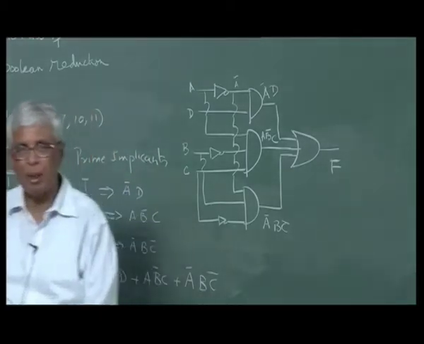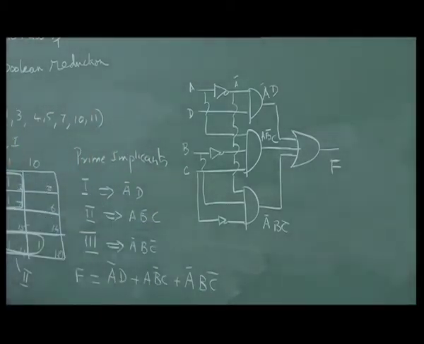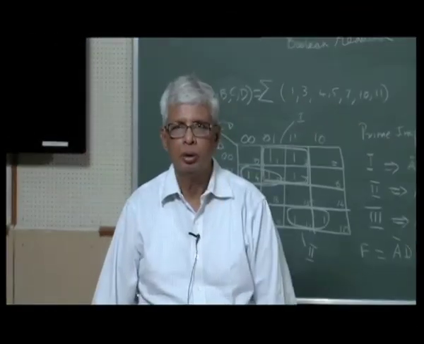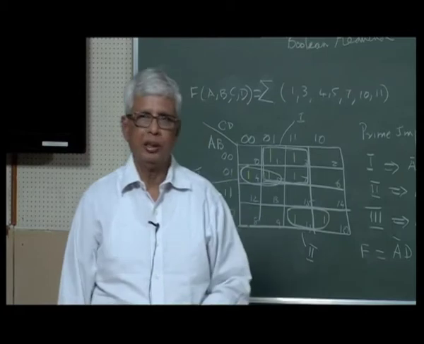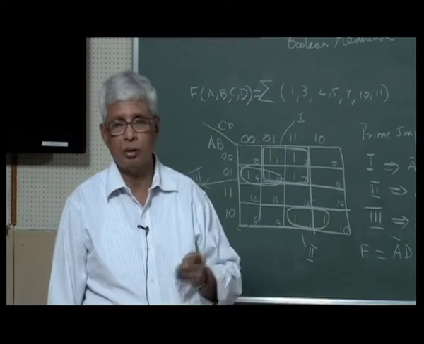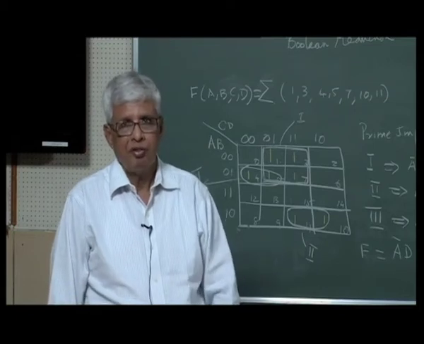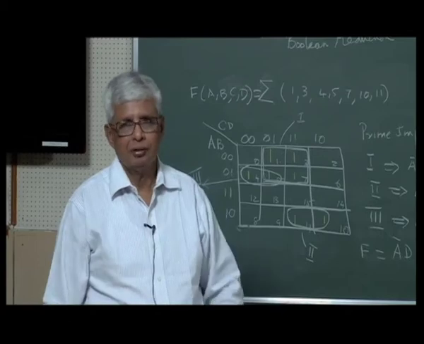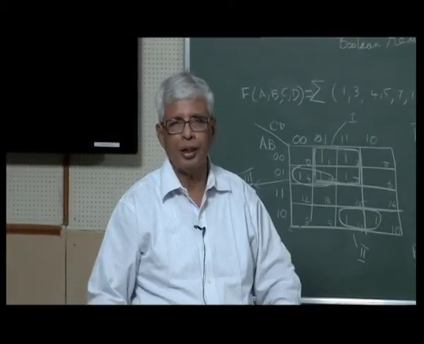This is a very systematic, elegant method of simplification of Boolean functions or truth tables. I have shown with 3 variables, I have showed with 4 variables. 5 variables, 32 cells will be there. 32 cells is very difficult to draw a map.